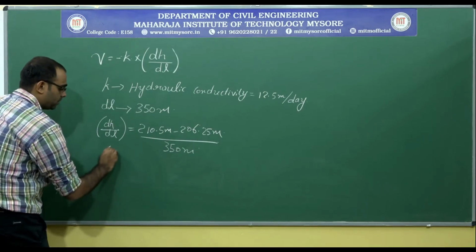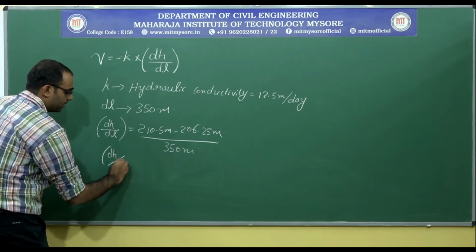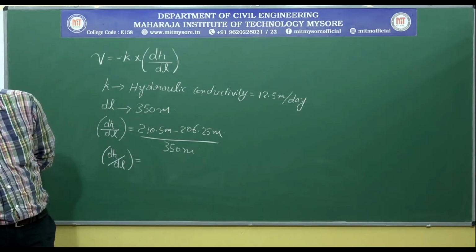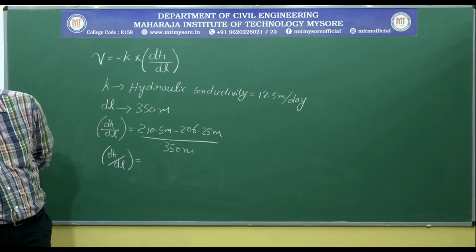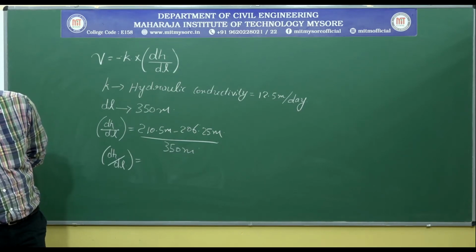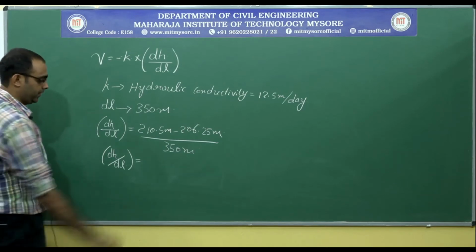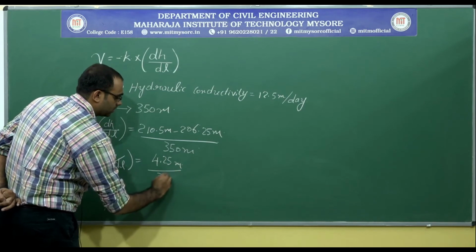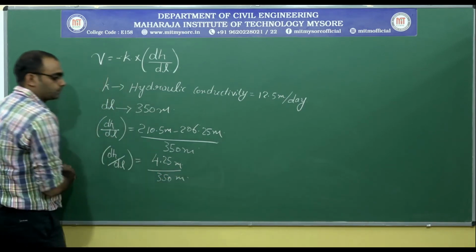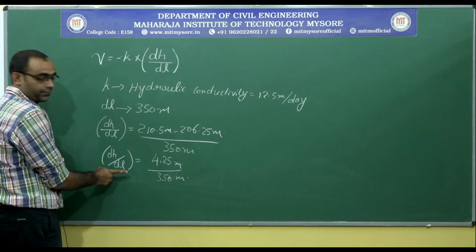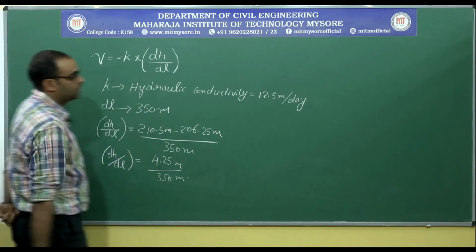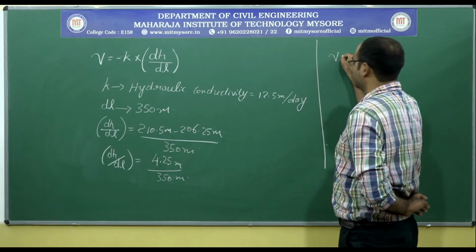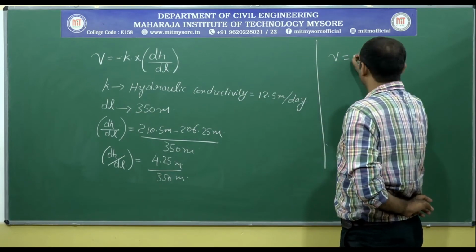So, the value of the hydraulic gradient dH by dl is, we have calculated it as 4.25 divided by 350. So, we have got the value of the hydraulic gradient. What we will be doing here is, we will substitute into the Darcy's velocity equation.